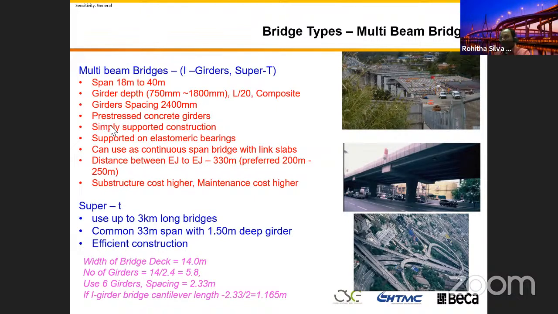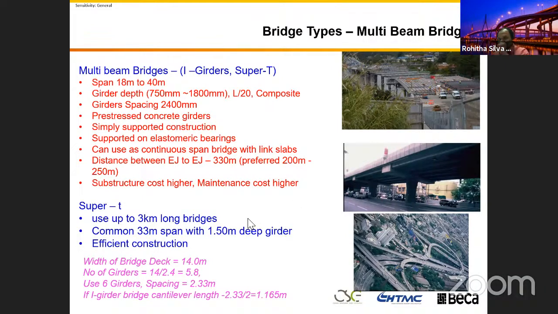Yeah, these are pre-stressed concrete bridges. These are simply supported construction. You can see from this picture the girder, and then it is supported on elastomeric bearings. But I got an opportunity to review one bridge sitting on pot bearings.